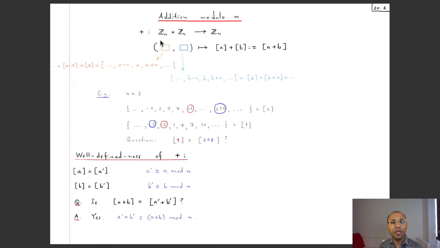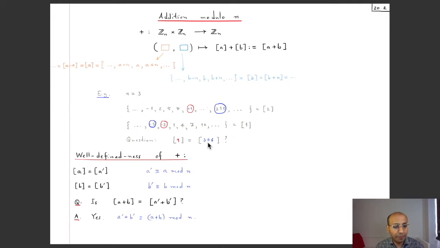So for this to be a mapping, an unambiguous rule which tells you, given two equivalence classes, what equivalence class is formed, it better be the case that this equivalence class containing 9 is the same as this equivalence class containing 306. So that's the question of well-definedness, and that needs checking.